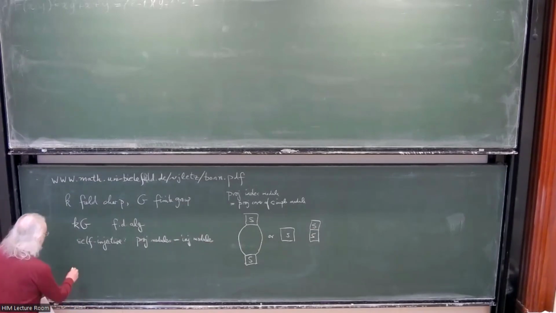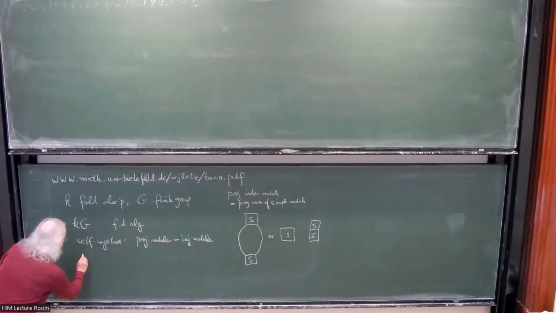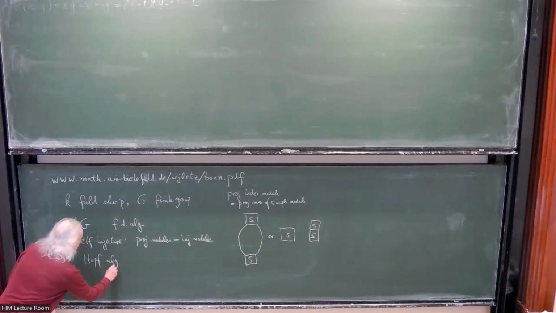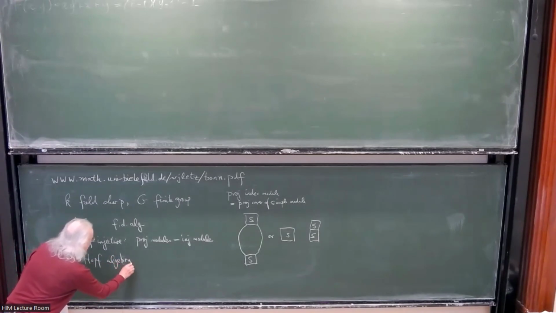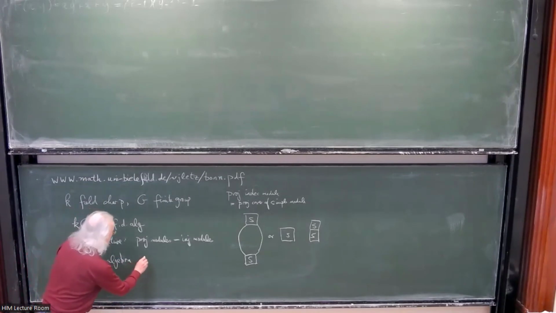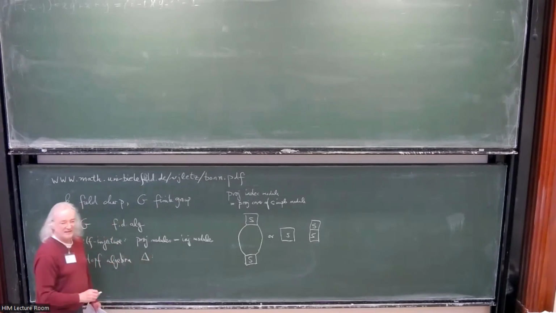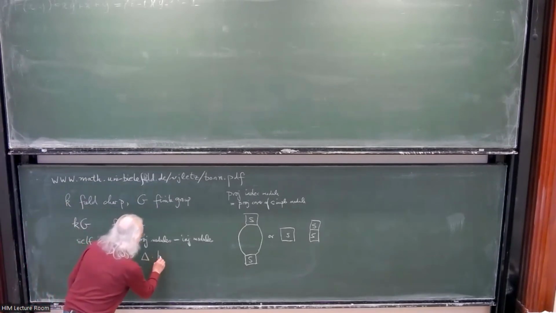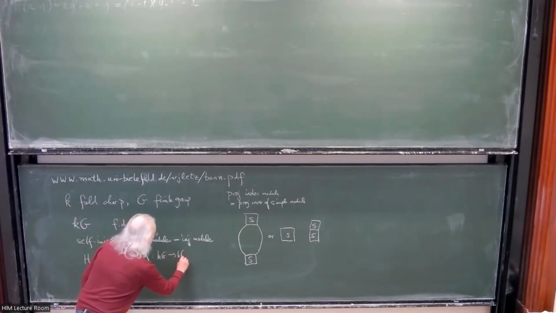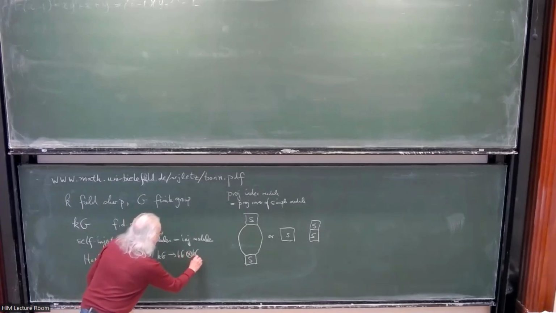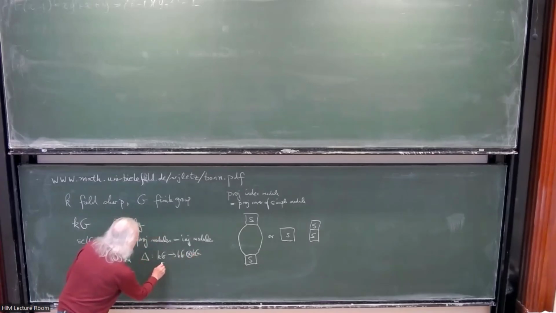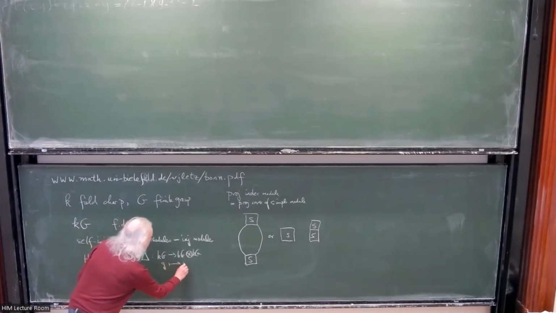So the other piece of structure is that the group algebra is actually a Hopf algebra. So it has a co-multiplication, which I'll write as delta, and this is a map from kG to kG tensor kG, and it is defined on the basis of group elements just by repeating the group element.